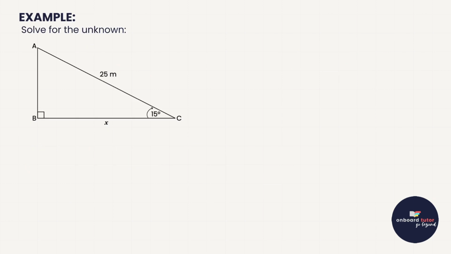So here we are asked to solve for the unknown, and the unknown side here is this length x. So what we want to do is take the side I want, x, over the side I have. This AB, I don't know the side length, but I do know the side length here of AC. It's 25 meters.